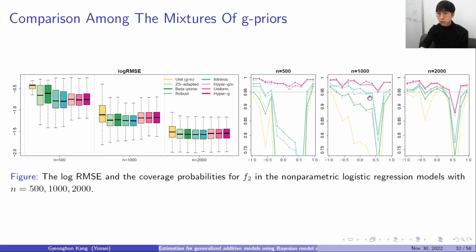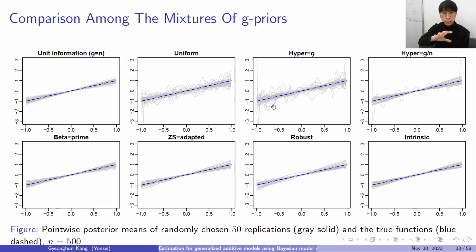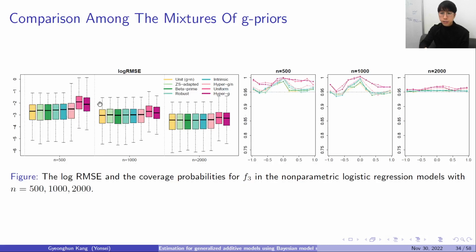Their coverage is better than the other GON priors, right? And these differences become especially marked when you're comparing the estimation for the linear function. GO1 is very complex here. This is not good, right? And robust and intrinsic is very stable here. So the GO1 RMSE is high, but the others are very stable.